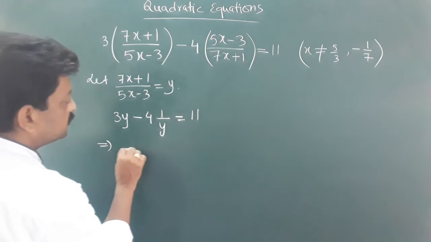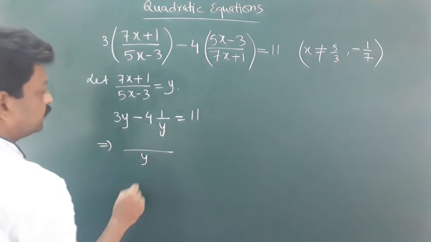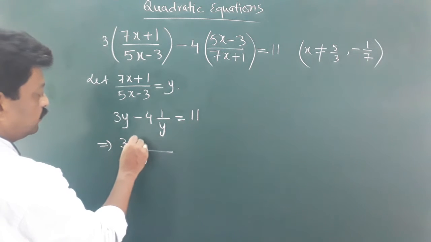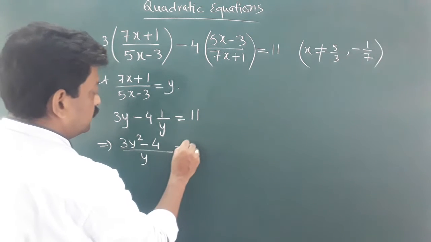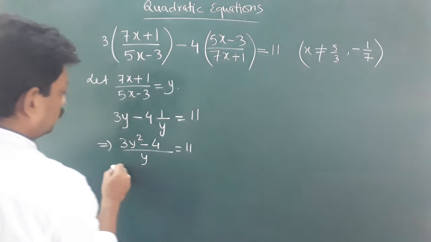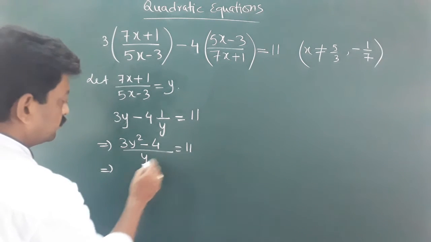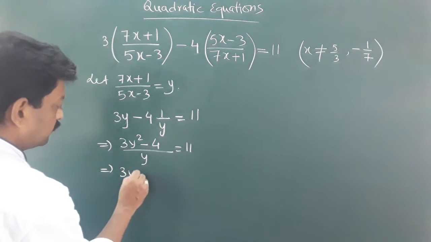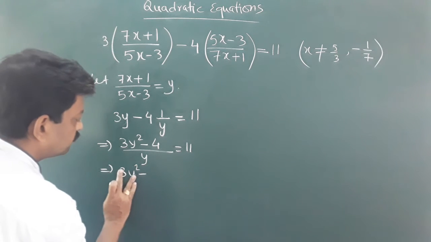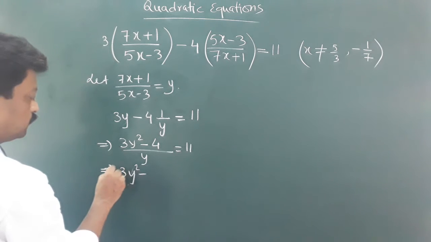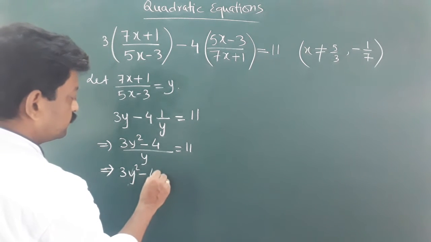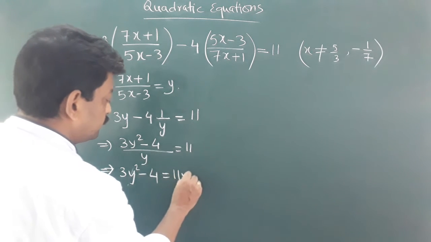So the LCM will be y, then this will become 3y square minus 4, upon y, equals to 11. Now go for cross multiplication. So 3y square minus 4 equals to 11y.